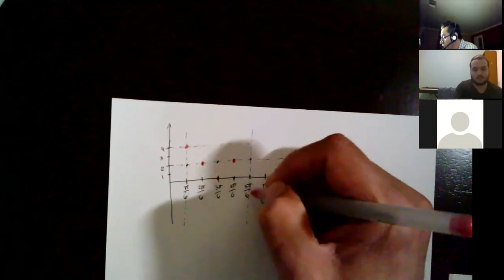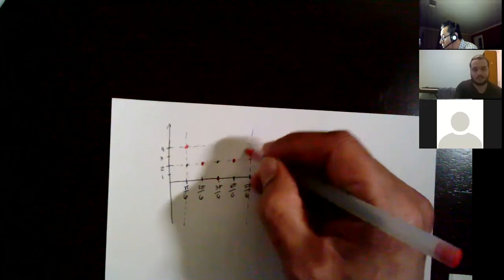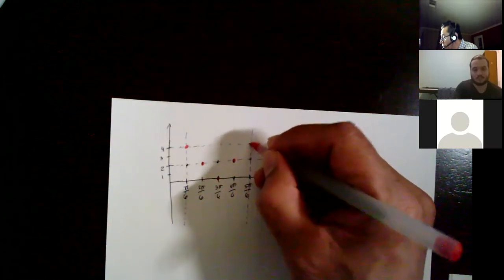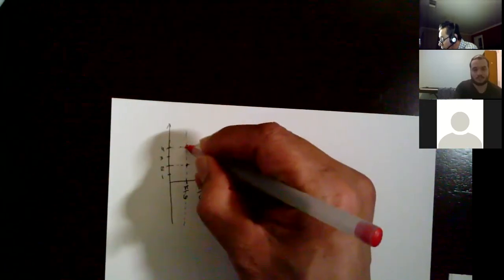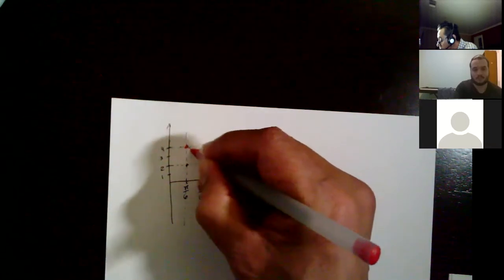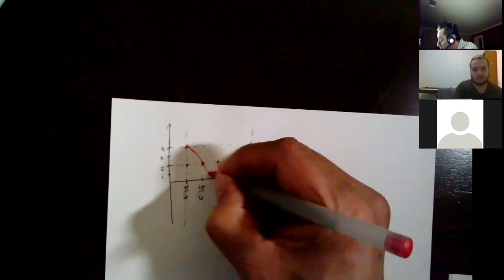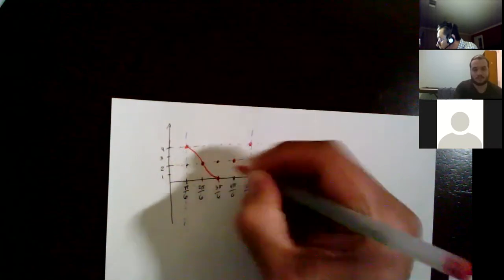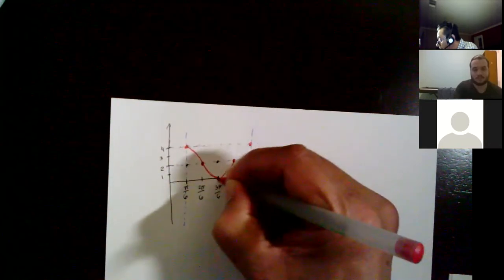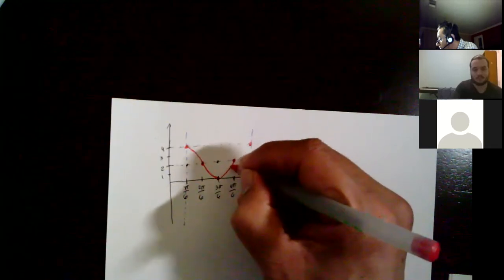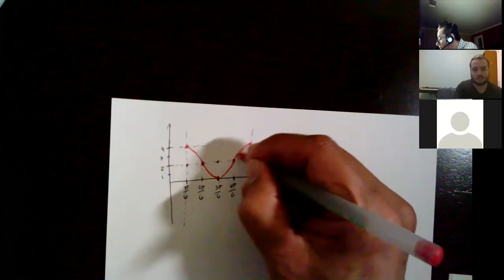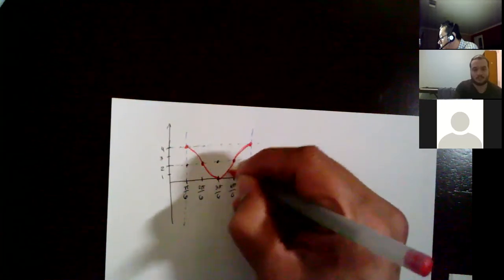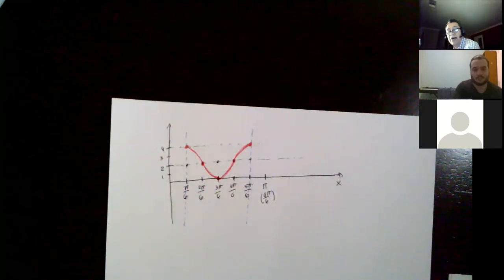And at 5 pi over 6, I'm gonna go up to 4. And if I connect these points right here, that's what we have. Notice it is shifted pi over 6, and it ends at 5 pi over 6.